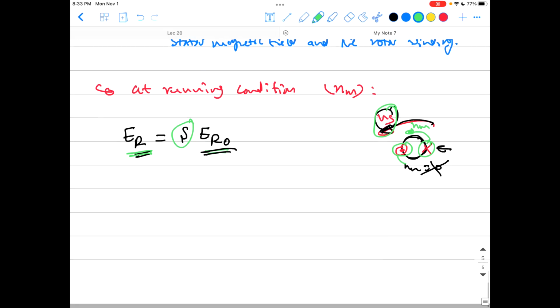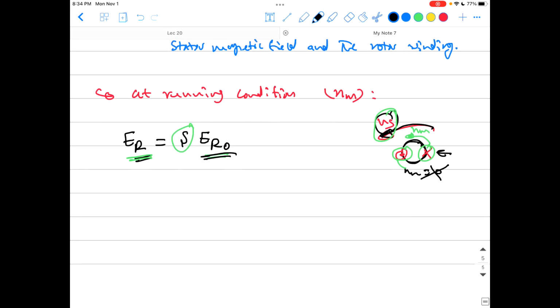The same idea applies to X. The reactance of the rotor winding will also equal S times its value at the beginning, because again it depends on the rotor frequency, and the rotor frequency depends on the slip.